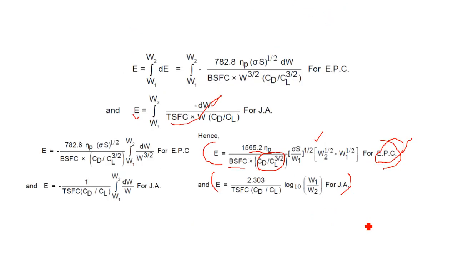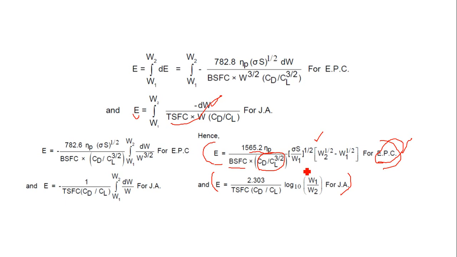For finding the maximum endurance, for a propeller combination, the formula is E max equal to 1565.2 eta p divided by BSFC. BSFC we already know, CD by CL power 3 by 2 is known, sigma into S divided by W1 into whole power 1 by 2, W2 whole power 1 by 2 minus W1 whole power 1 by 2.